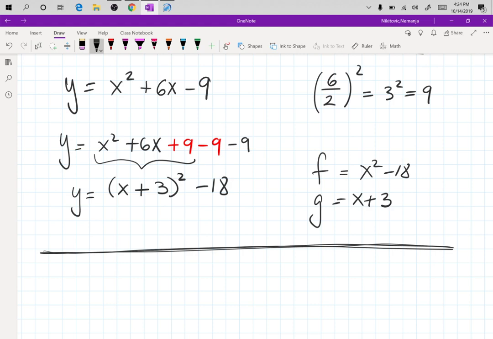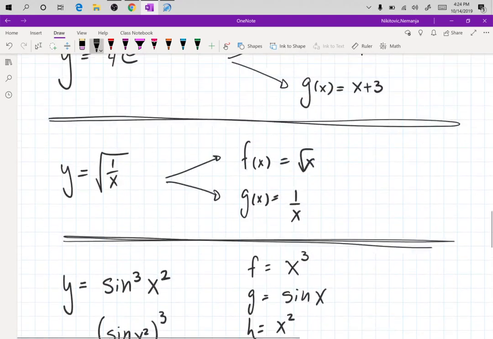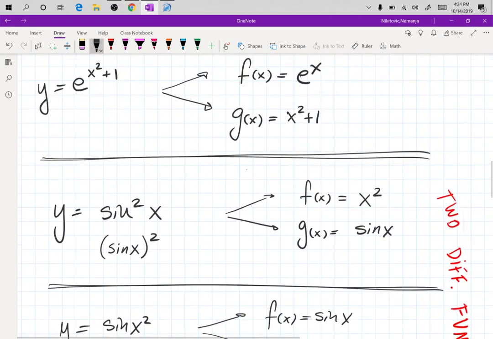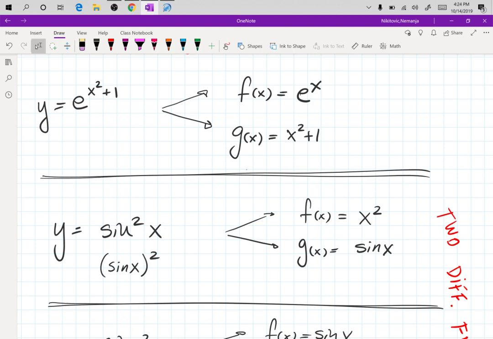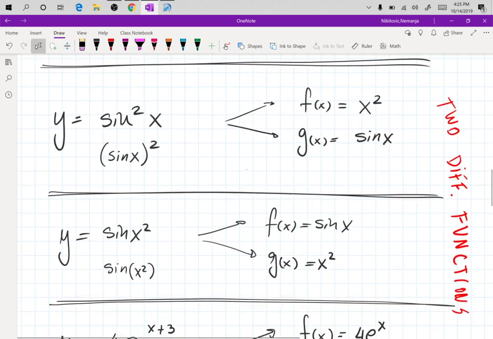Not so much for Calc 1, but it's good to stress about it now because Calc 2 is coming up. So this is what we have. So that's the function decomposition. That's the skill we need to take a look at the function and say, hold on, how many functions do I have on a pile? And to be able to mentally decompose this.